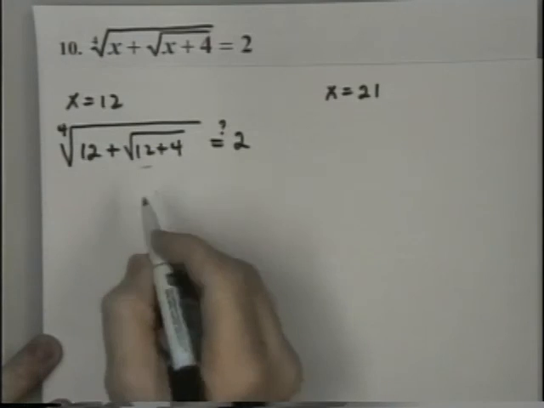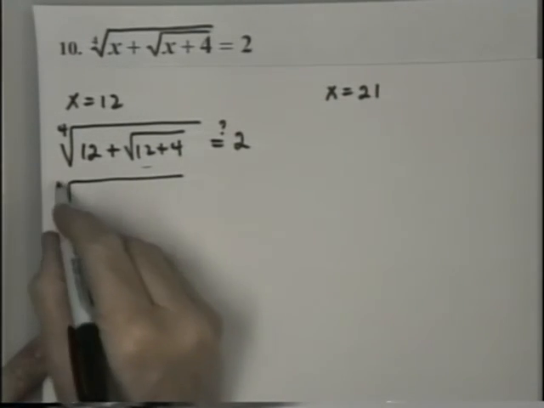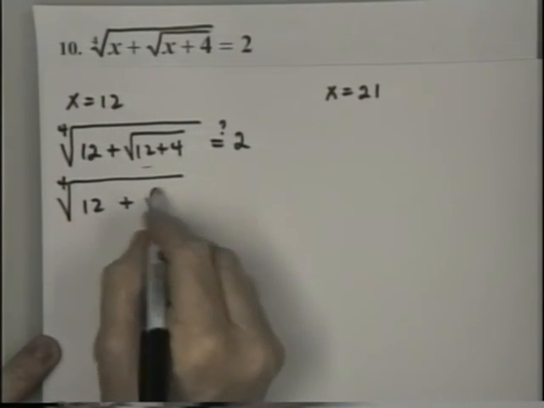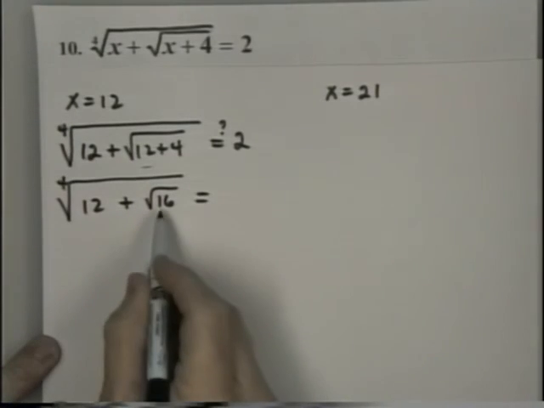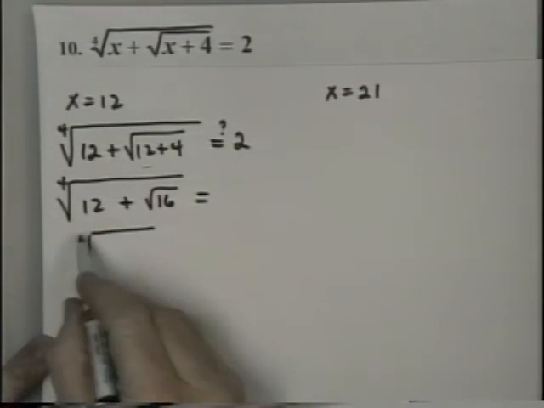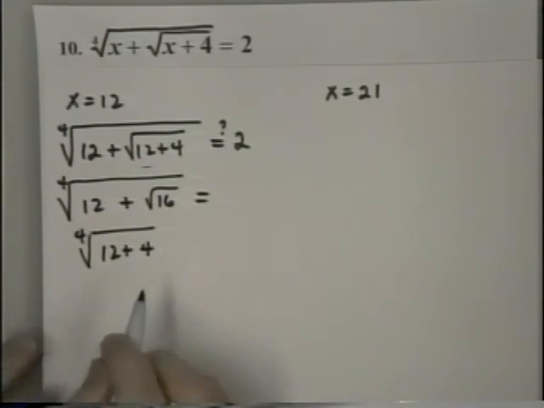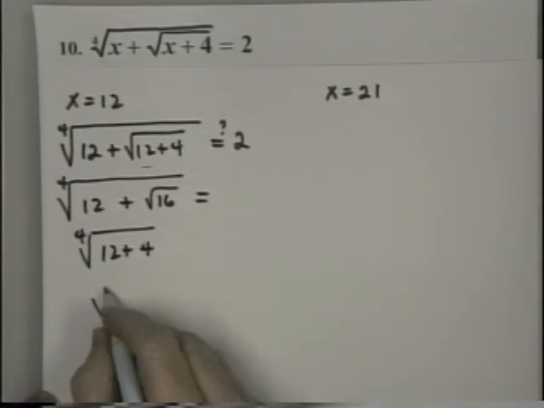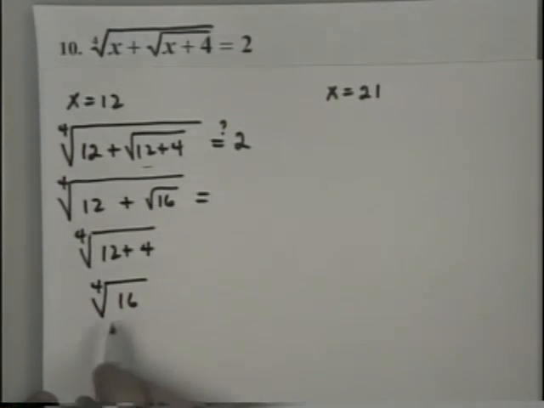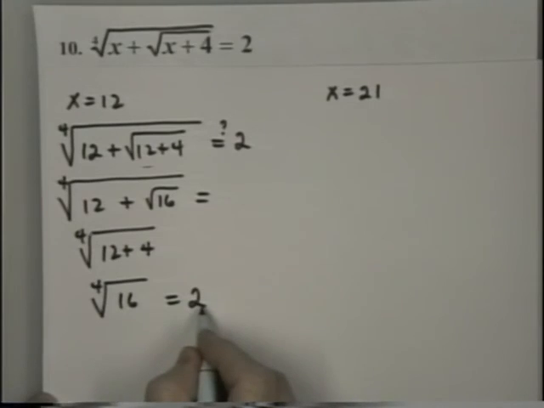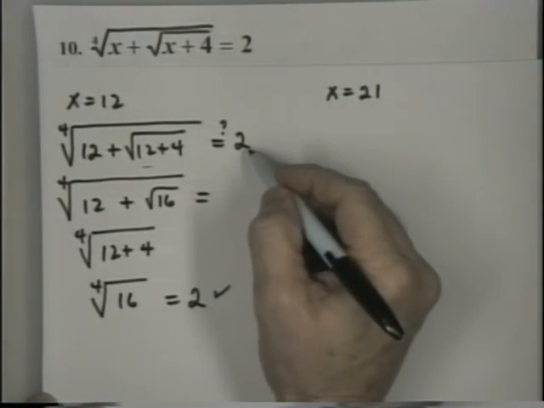That's the square root of 16, which we know is 4. And 12 plus 4 is 16. And now you're going to take the fourth root of 16. And that is 2. And that's what we wanted. So this is true.